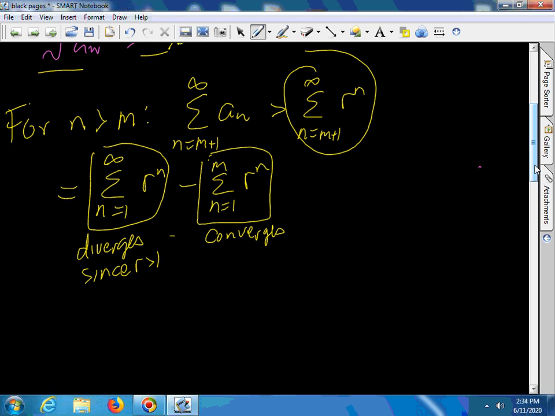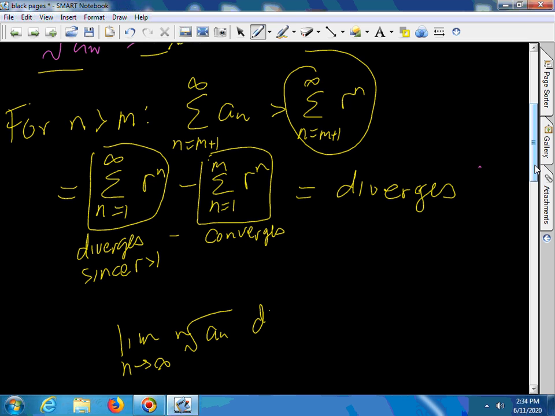So divergent sequence minus the converging one equals diverges. So we've shown that if the limit, you don't have to write this in the proof, we've shown that this limit diverges if L is bigger than 1. Okay, that was the whole part that we assumed, that L was bigger than 1.